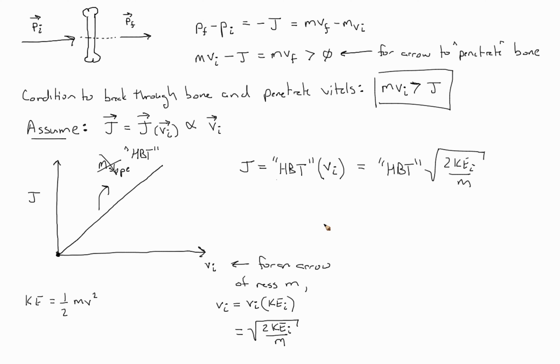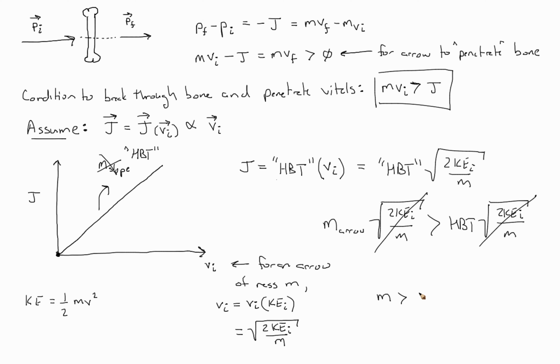It says the mass of the arrow, that's what this m is, times its impact velocity, but its impact velocity is just the square root of twice its impact kinetic energy divided by the mass of the arrow, must be greater than HBT times the same thing, the square root of twice the kinetic energy of impact divided by the mass. And what do we get? This term cancels this term, and the condition that the arrow penetrates the bone and goes through is that the mass of the arrow must be greater than some heavy bone threshold.